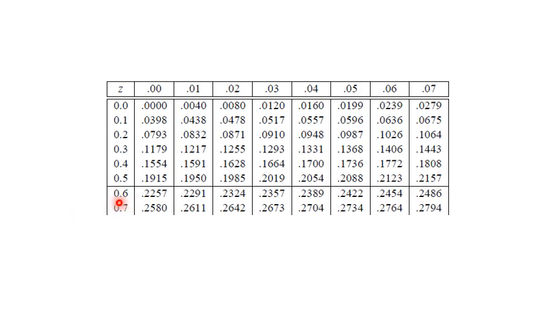So this is 0.6. This is the second decimal place, 0.07. At the intersection, this number 0.2486 is the area from 0 up to 0.67 on the standard normal curve.